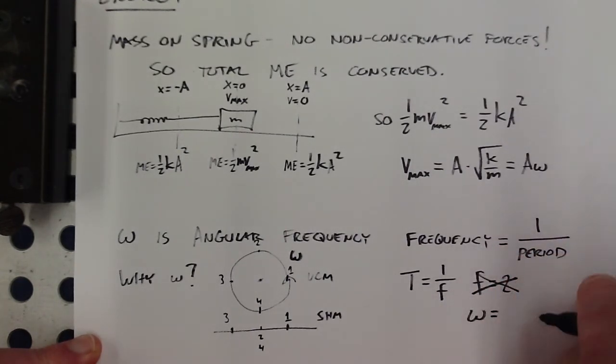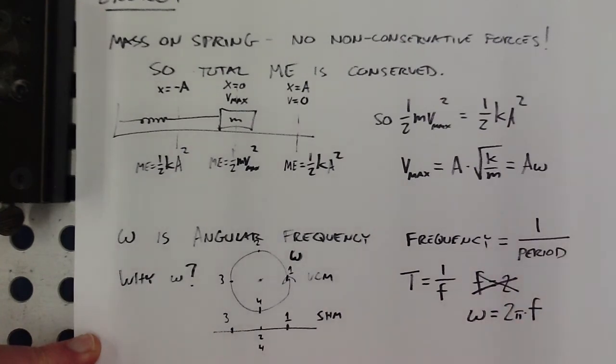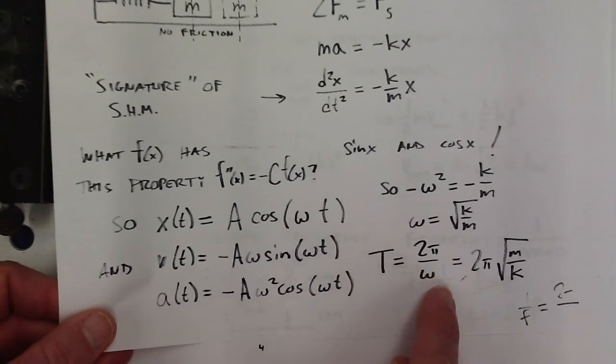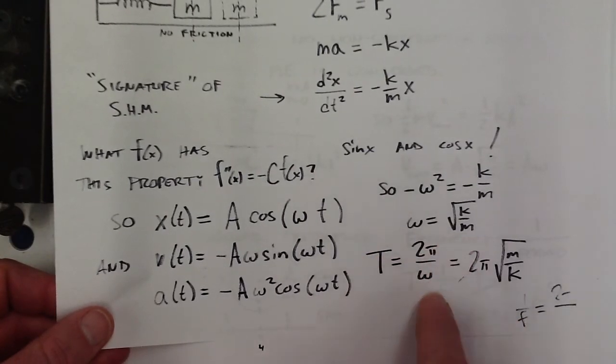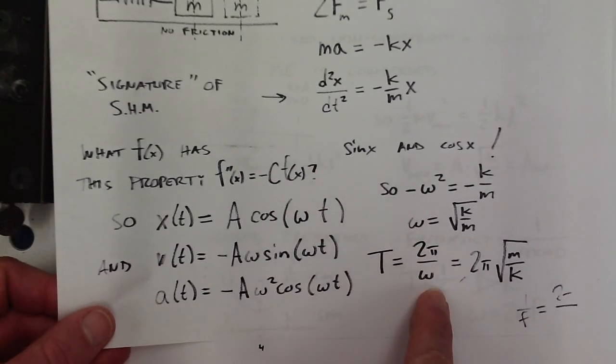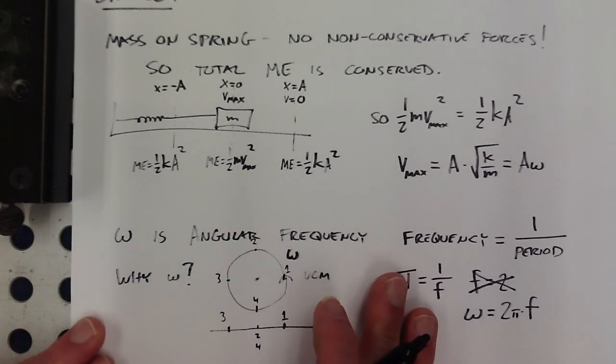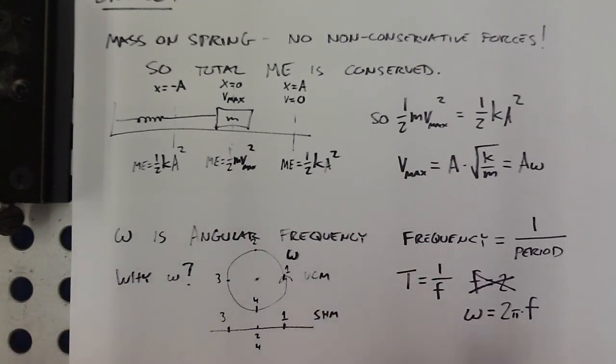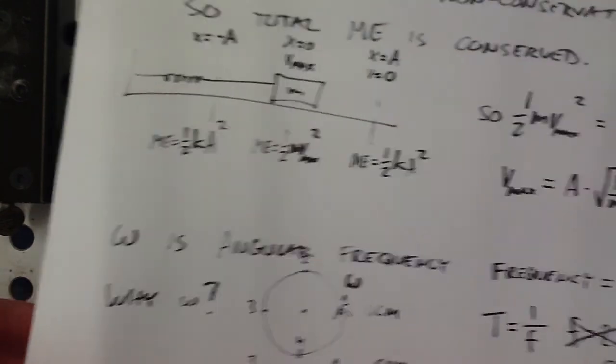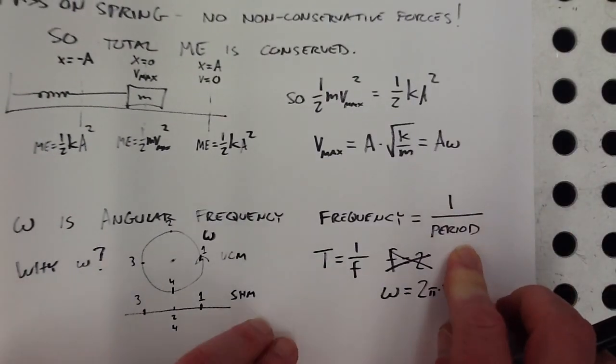Omega is equal to 2 pi times frequency. If you cross multiply those, omega is 2 pi over period, if you just rearrange this. And since frequency and period are upside down of each other, that means omega is also equal to 2 pi times frequency. So if you see that frequency mentioned there, that's what that is. It's just the period upside down. You can just invert that.